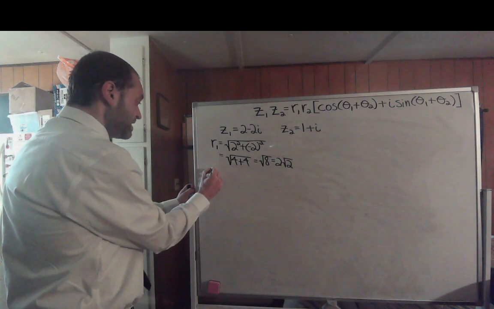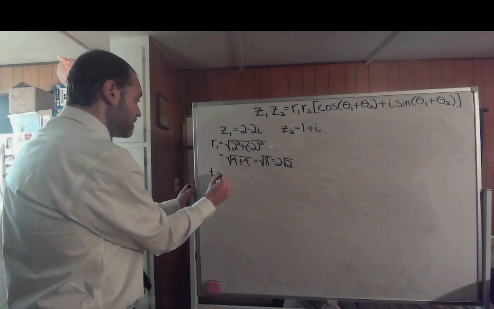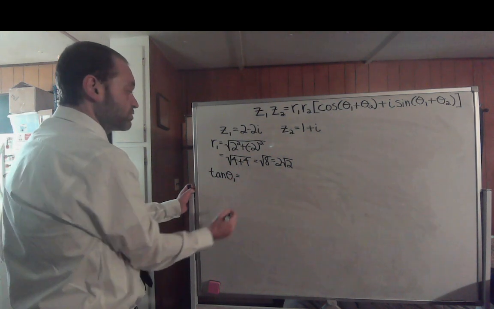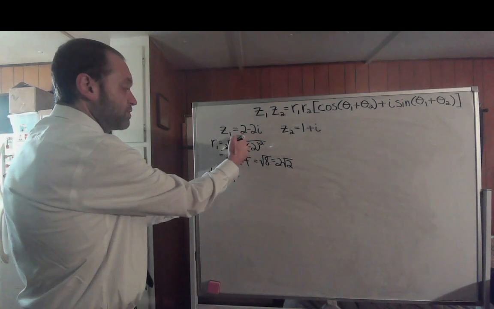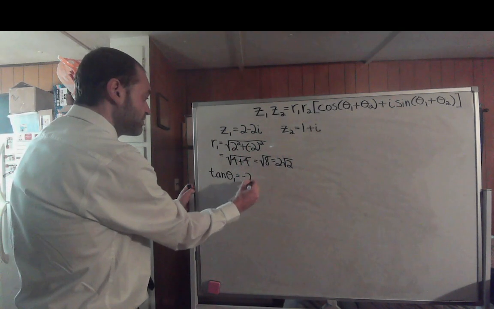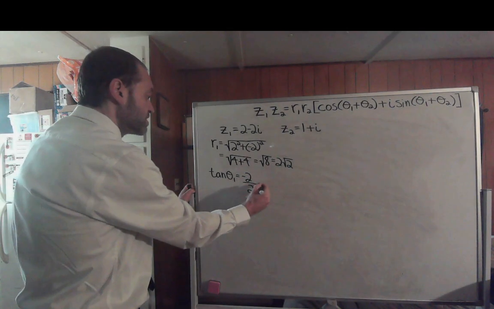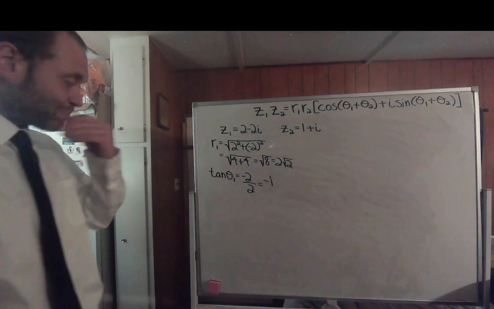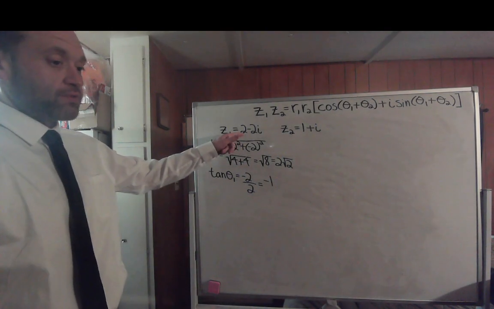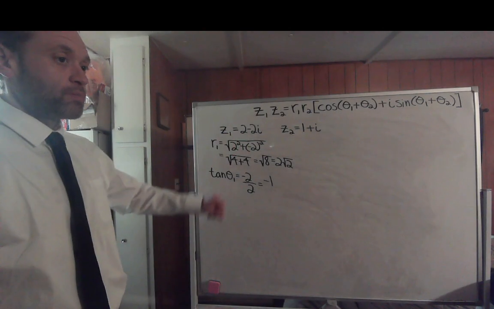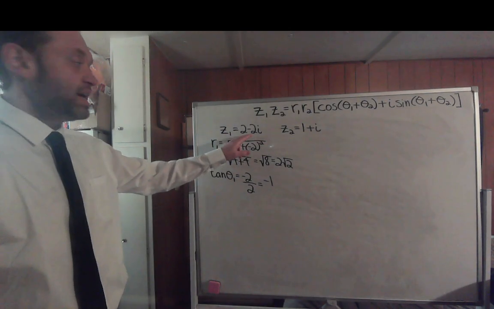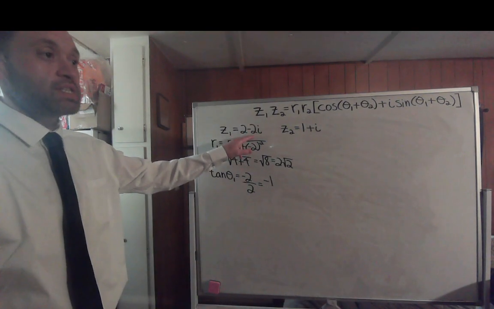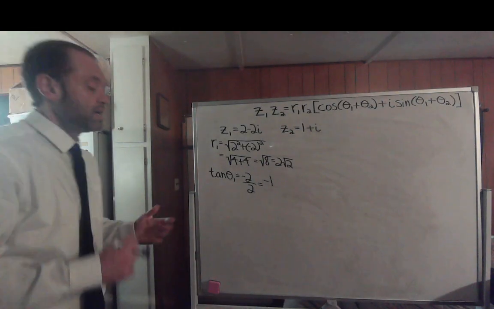Now what about theta 1? So we could say the tangent of theta 1 is equal to b over a, so that would be negative 2 over 2, which would just be negative 1. Well, if we look at the first complex number, you have a positive a and a negative b, so this would put you in the fourth quadrant of the complex plane.